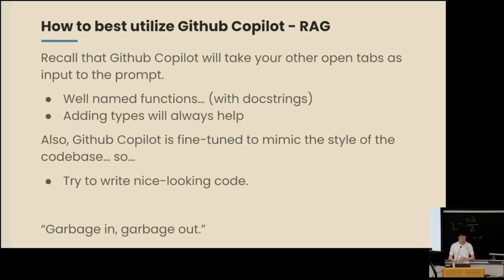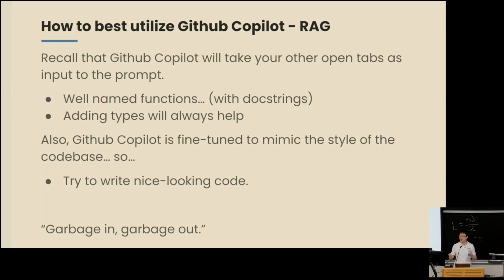So to best utilize GitHub Copilot, what you will want is good context, right? So well-named functions. Again, I think the first time around, the reason why people think that the shortest path will work is because it's named shortest path. Oh, shortest path, Dijkstra. Okay. So name it contextually, you have a higher chance of success, right?